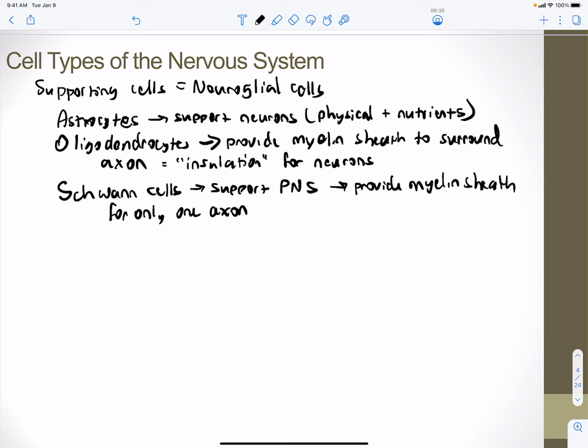Okay, and so Schwann cells are also going to have the ability to pick up any sort of debris, and it has an ability for peripheral axons to regenerate if they're damaged.